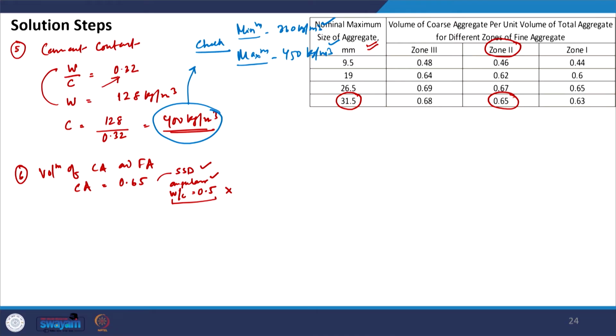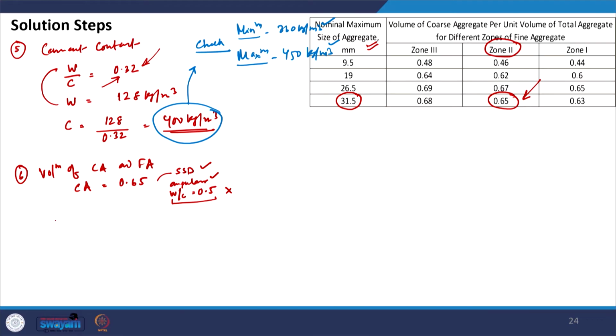Since the water cement ratio is less than 0.5, we will have to reduce the amount of fine content, because finer materials have larger surface area. So, the requirement of water in that case will be more. So, since the water cement ratio is 0.32, we have to increase the amount of coarse aggregate and reduce the amount of fine aggregate, so that the proper wettability of the surface is ensured.